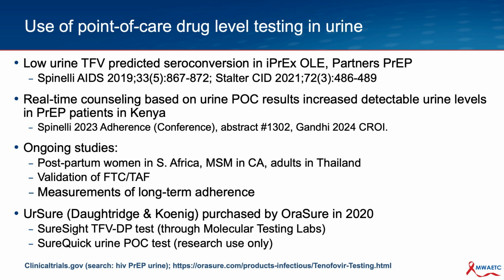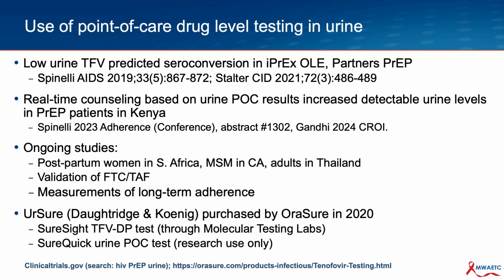And then more recently, not yet published, Matt Spinelli and Monica Gandhi have both presented their study looking at using this urine point of care test and doing counseling based on these results, and individuals in the group randomized to receive this testing in subsequent visits were more likely to have detectable results. And there are lots of ongoing studies and ongoing work.